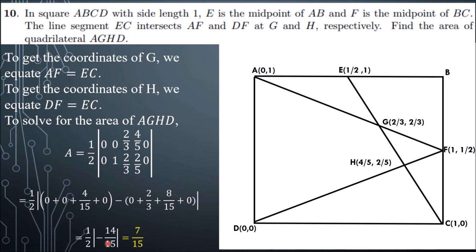We'll get the absolute value of negative 14/15. So this is the symbol for absolute value. The absolute value of negative 14/15 is 14/15, times 1 half, 7/15. So that's the area of this quadrilateral.